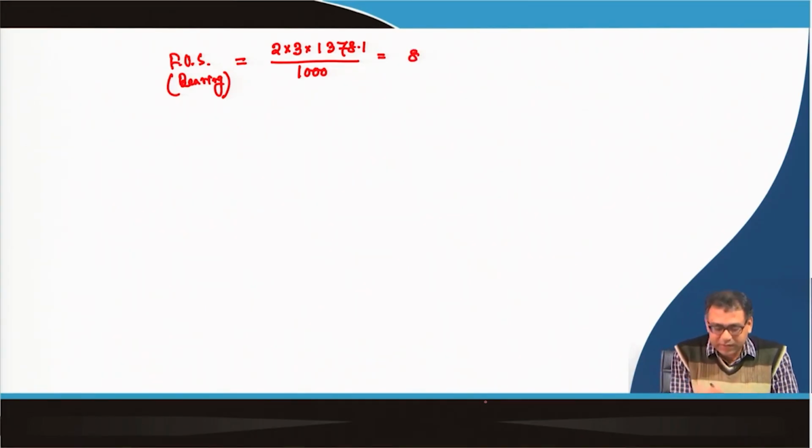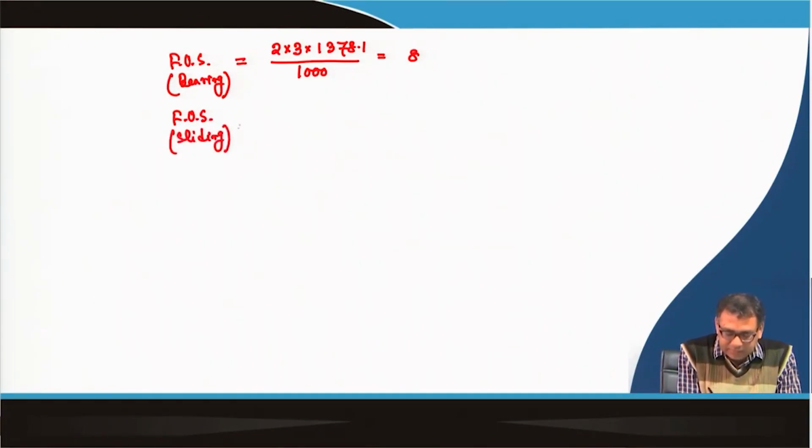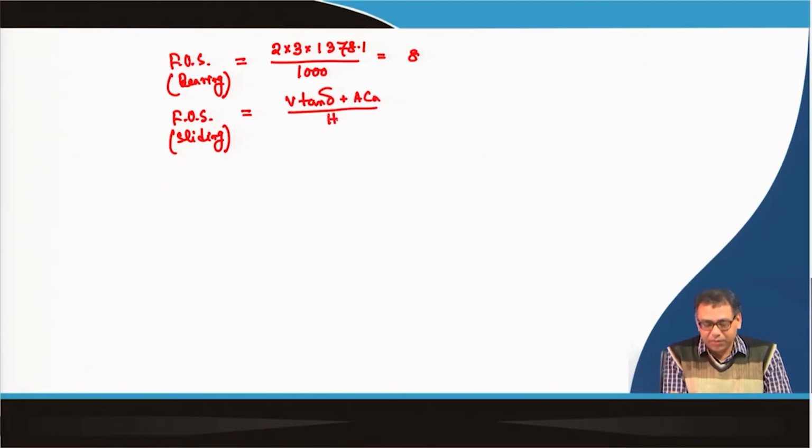But let us see the factor of safety for sliding is equal to T, that is V tan delta plus A C_a divided by H. Now, A C_a is 0.